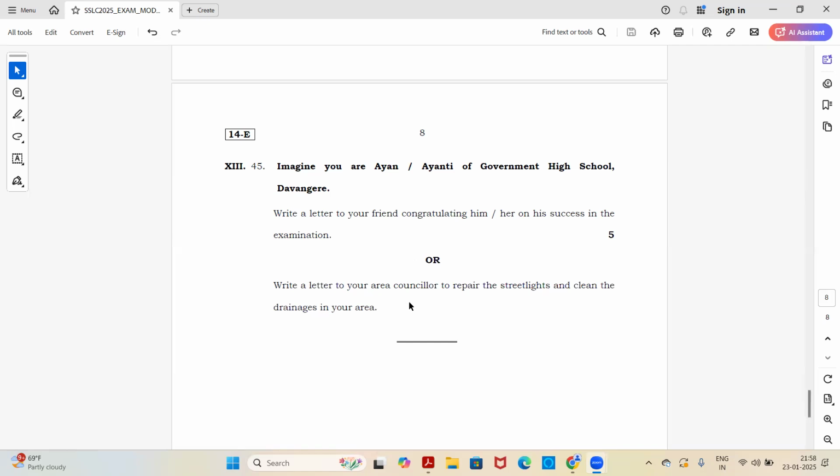So it is going to be a formal one along with the subject and proper format. Both have formats but slightly different. You have a subject and receiver's address to be written in a formal letter, and in an informal letter you just need to write the sender's address and you can start the letter without the subject as well. I hope you know the format of letter writing, right? So be very sure whichever question is easy for you, you can attempt that. So there's an option, anyone can be attempted.